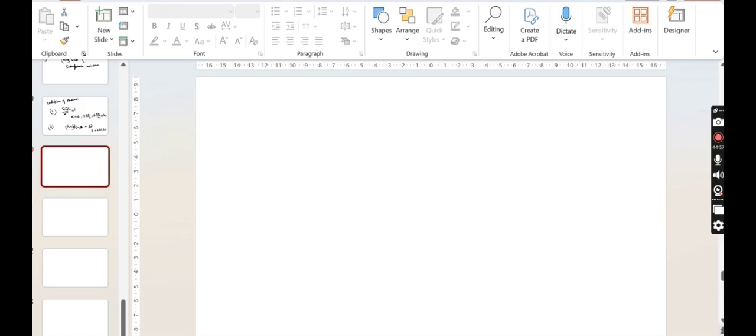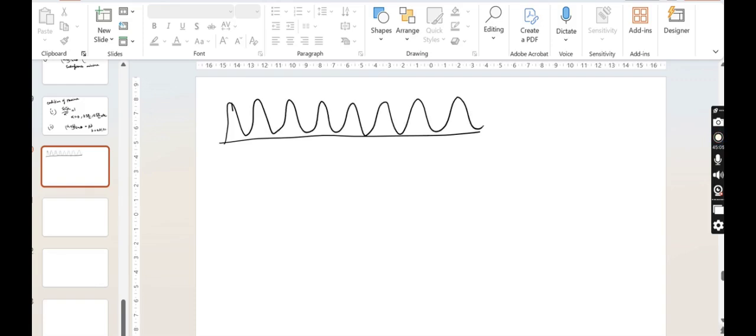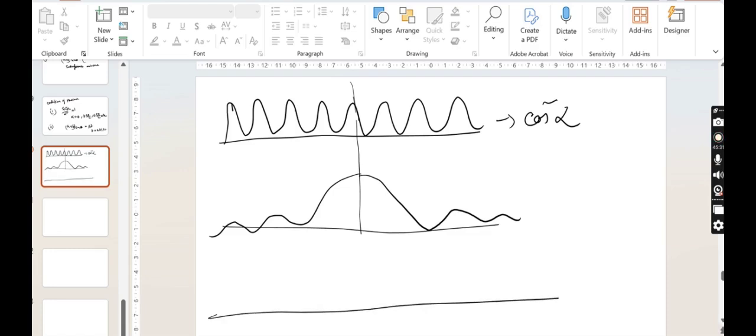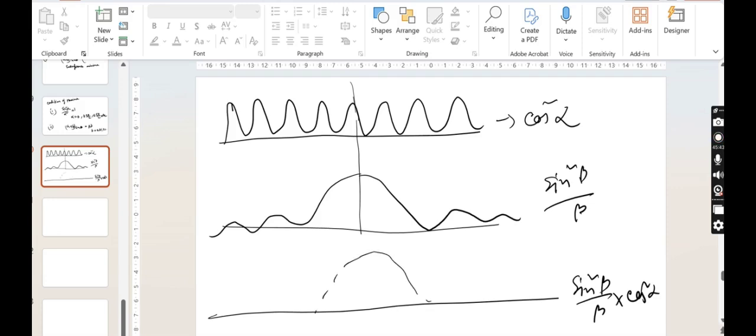So what happened is this pattern is cos square alpha. And suppose this is the diffraction pattern, sin square beta by beta square. This pattern is multiplied with it, so what will we get? We'll get an envelope like this.